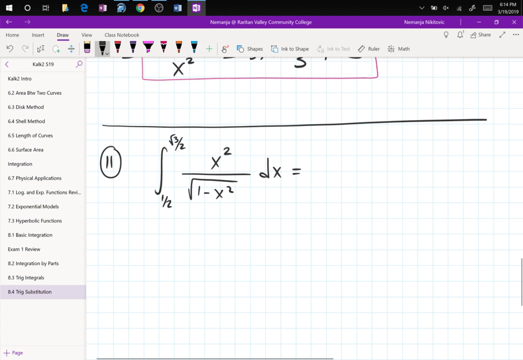So the job here, clearly we are learning trig sub, so it's going to be trig sub, but the job is also to realize what form of the question you have and what would be the appropriate technique to solve that question. So when you see a square root, most of the time it is going to be trig sub.